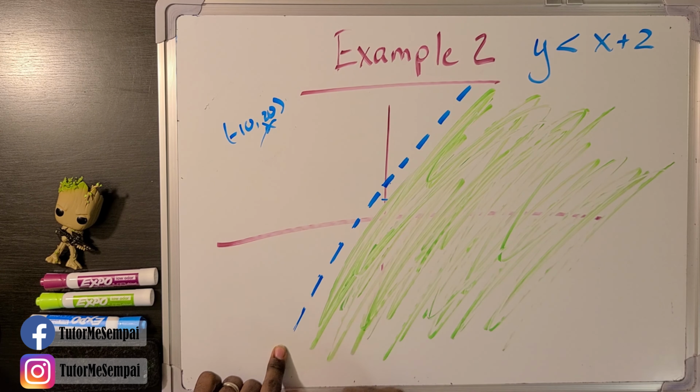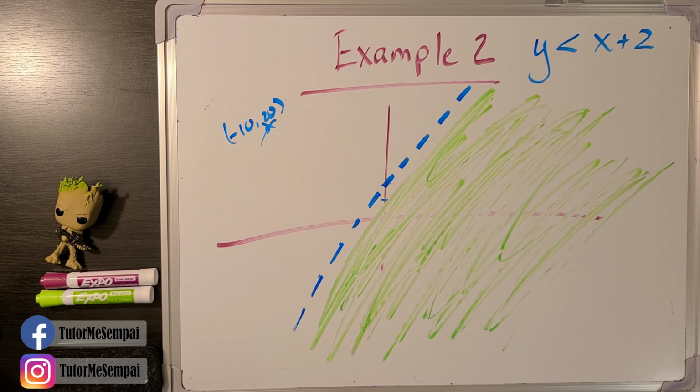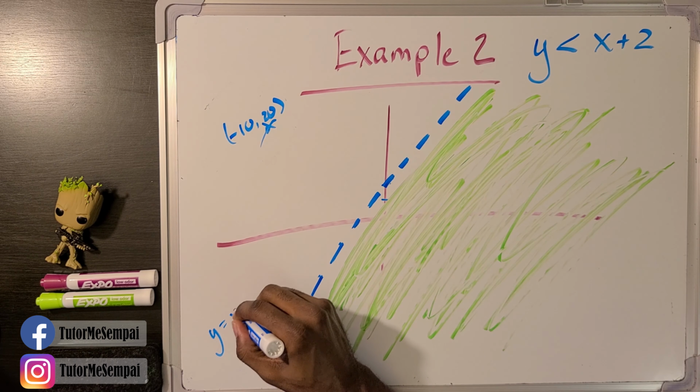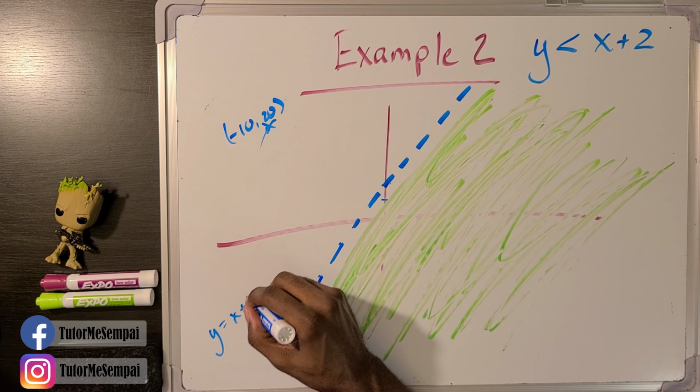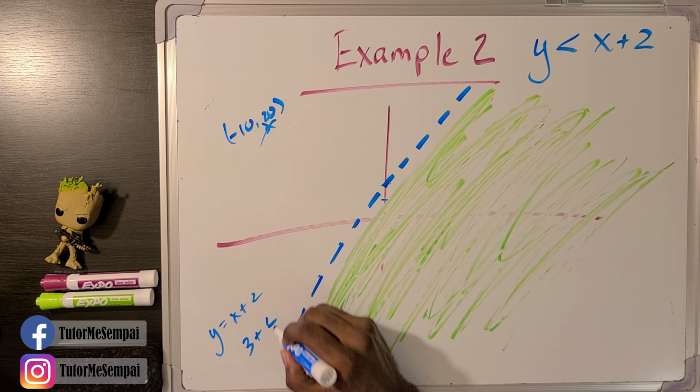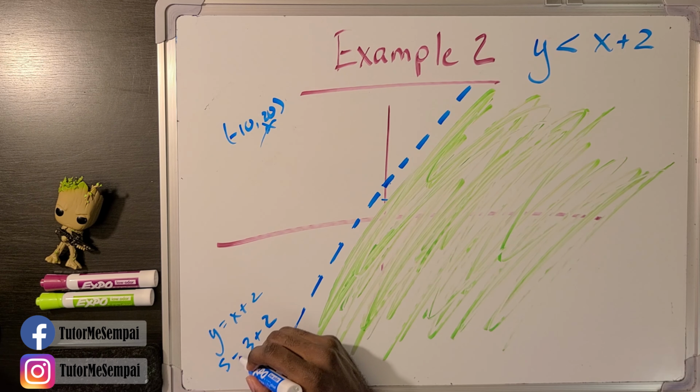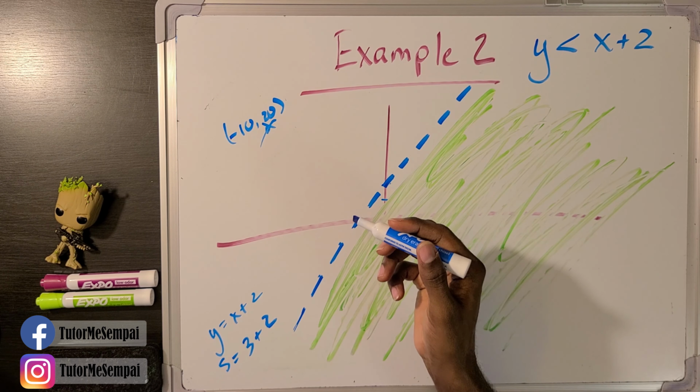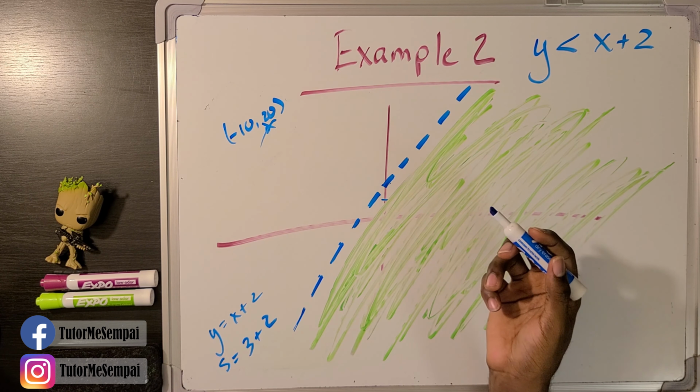So what is a point on this line? Remember, this line was y equals x plus 2. So let's say your x is 3, and when you add 2 to it, you're going to get a 5. So the point 3, 5 is on this line.